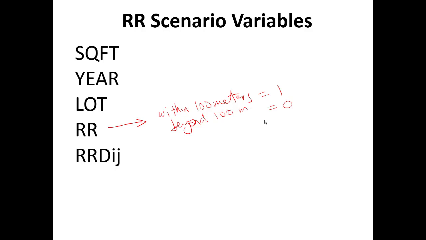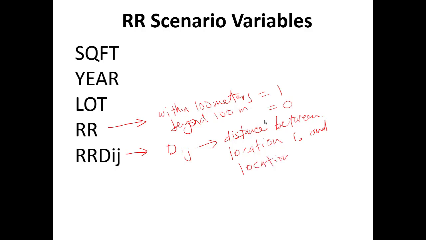And then RRDIJ, so DIJ is used in geography, or at least in transportation geography, to mean the distance between location I and location J.